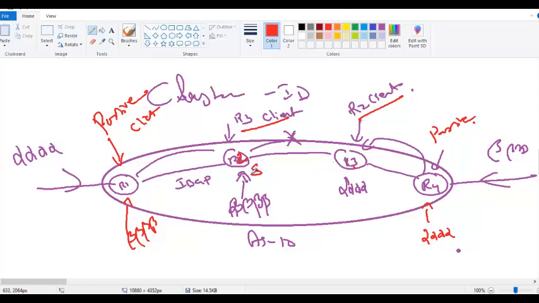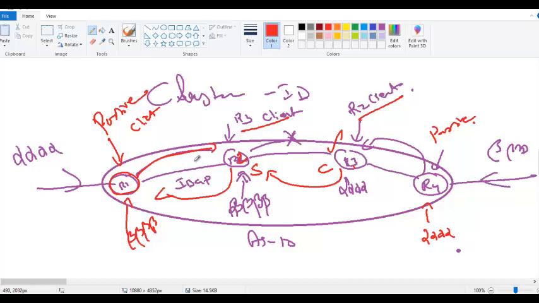Here is a server. This is the actual client. Whatever this R1 advertised was given to the client. In return, whatever is coming from the client side will be given to this client.